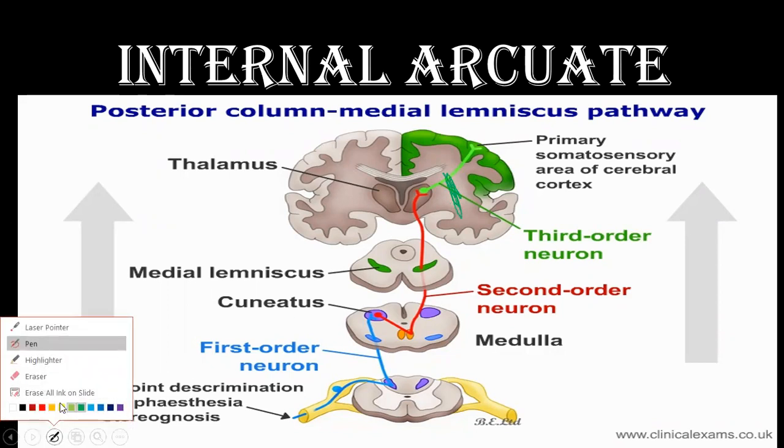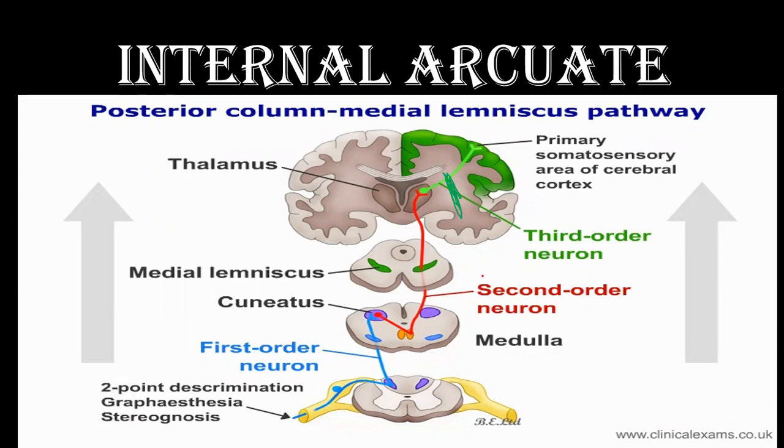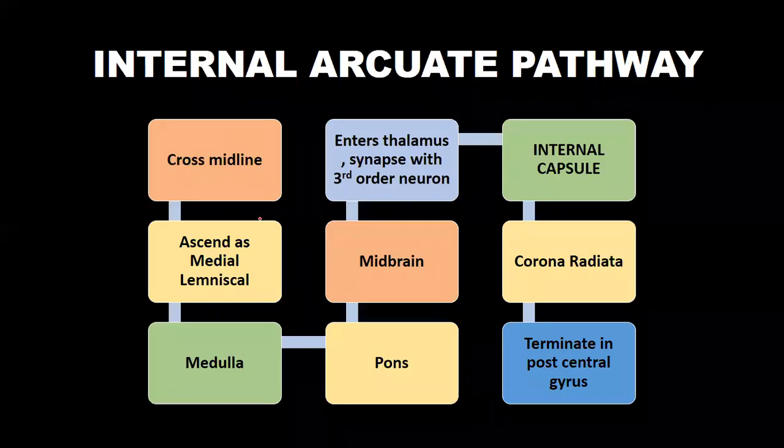After the internal capsule we also have the corona radiata. After crossing the internal capsule, it crosses the corona radiata, and finally it goes to our primary cortex. So here is the pathway.